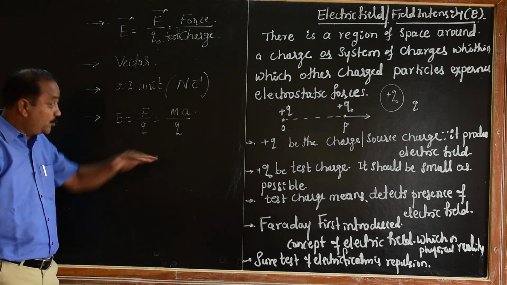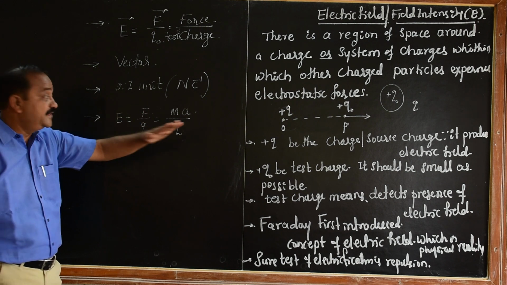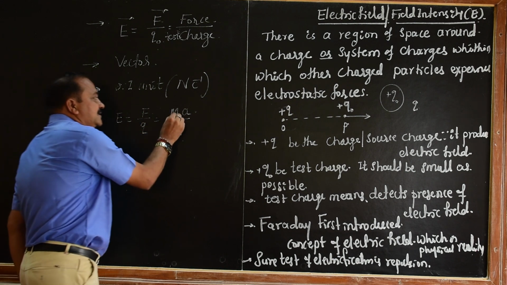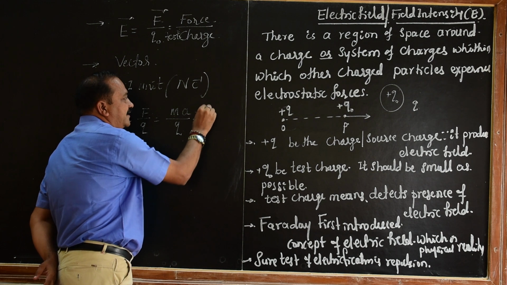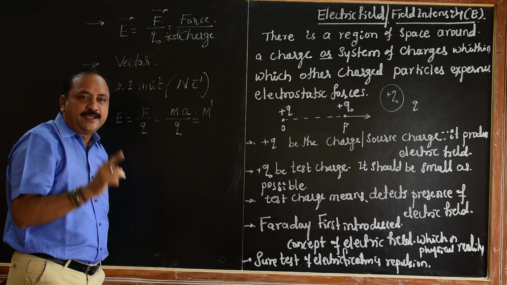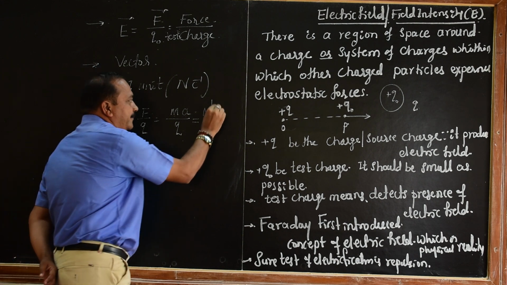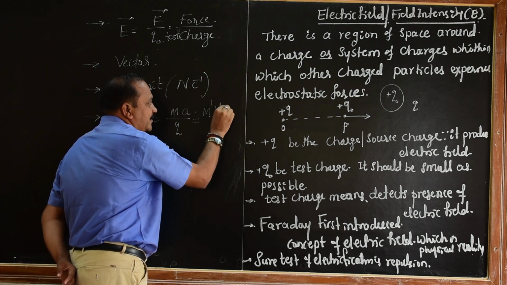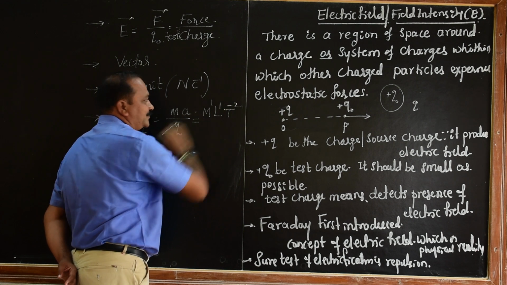Simple thing, how to write the dimensional formula of this physical quantity. Mass is M1. Acceleration, whose SI unit is meter per second square, is L1 T minus 2.